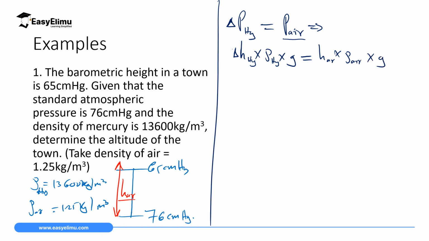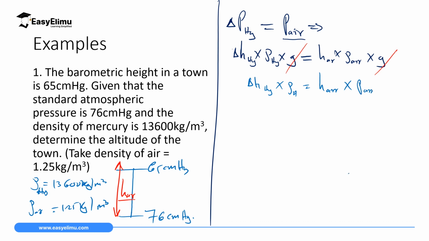Then now, what you do, you can see gravitational constant disappearing both sides. You can even cancel that for easy because we cannot carry that 10 all through. So now we will remain with change in height of mercury times density of mercury is equals to height of air, which is the same as height of the mountain, times density of air.